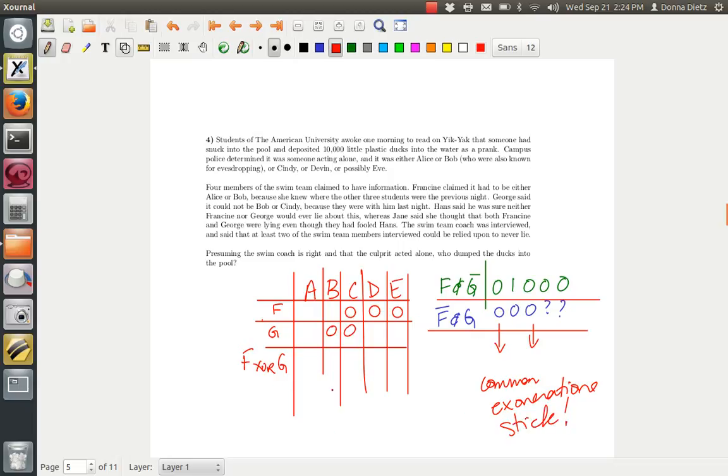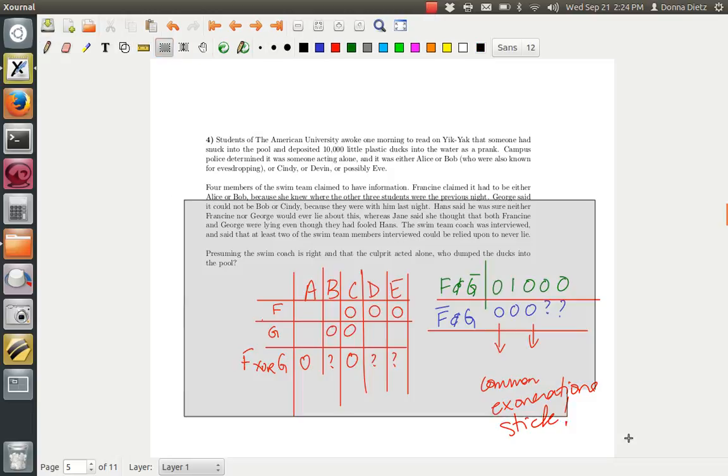So in this case, you get to exonerate this guy and this guy, but we have an inconsistency here, so we don't know here, and an inconsistency here. We get to keep the common exonerations. And so that's what happens if you get an exclusive OR. And I think that's all you need to know for that question.